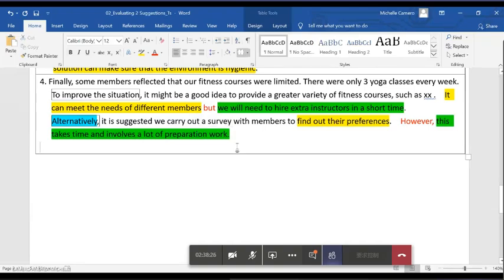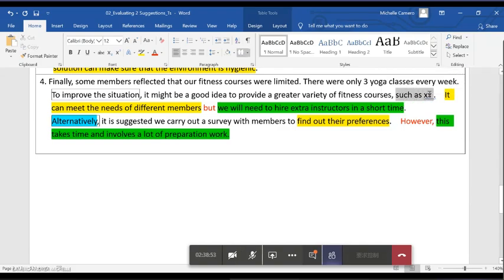And there's one other thing I wanted to say about this. Carry out was the verb they added. Oh, yes. The other thing is right here, such as da da da. Remember, the solution is it might be a good idea to provide a greater variety of fitness courses. And then here they tried to add some ideas, such as, and then you could add your own idea, like such as some fitness dance classes, such as some kung fu classes, such as group weightlifting classes or something.